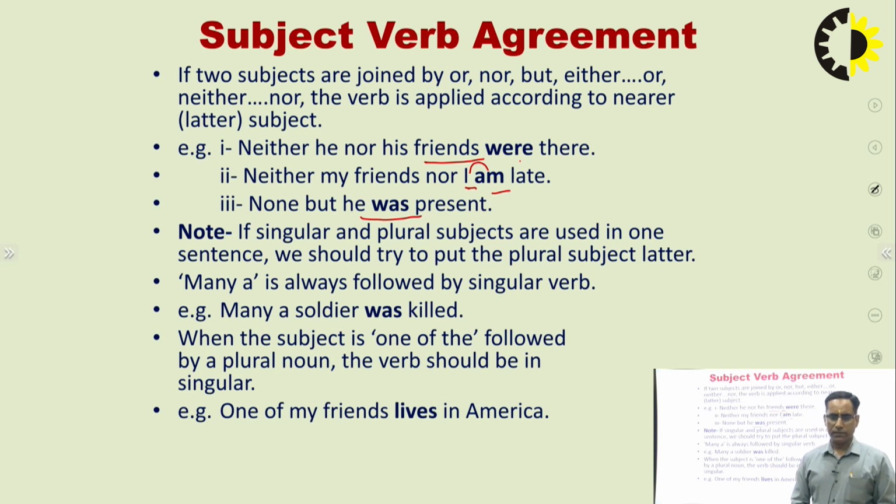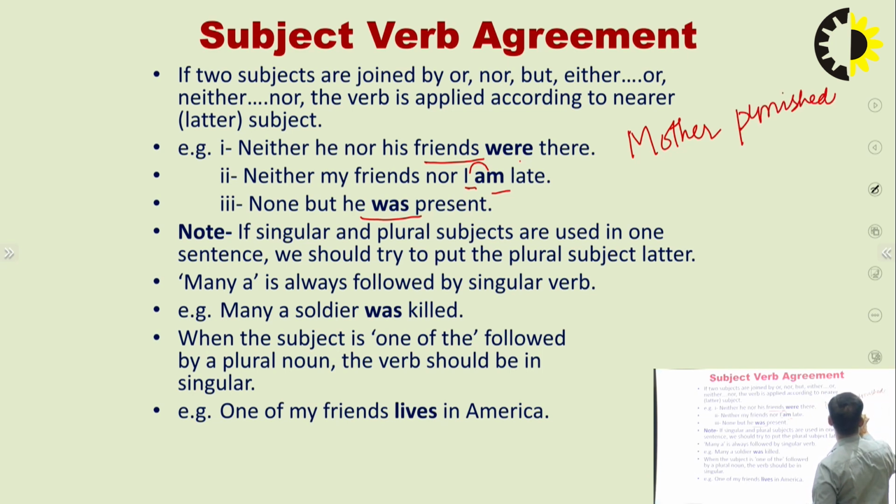Just some days ago on Facebook, there was one sentence. It was forwarded by many people. It was a topic of discussion, and I remember many comments were there. The sentence: Mother punished daughter because she was drunk.